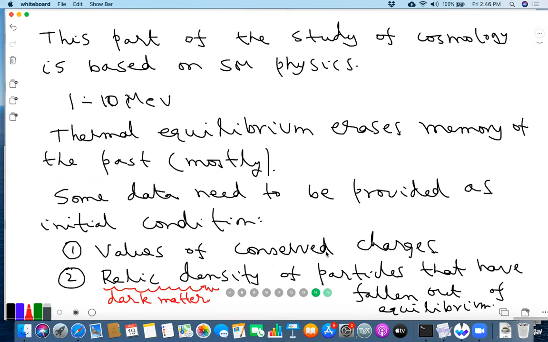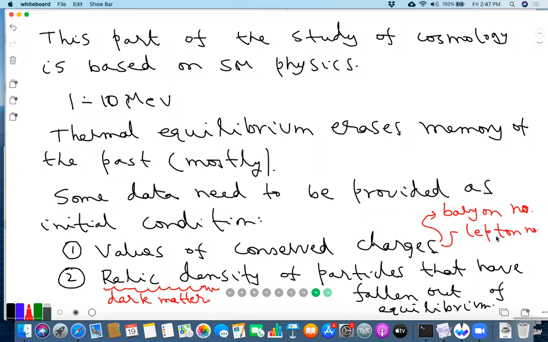Similarly, values of conserved charges. Here you know that we have baryon number, non-zero. The standard model by itself doesn't tell us what the baryon number is. So going higher up in temperature in the standard model will not tell us what baryon number is. We also have lepton number. Well, we don't know if we have lepton number or not.